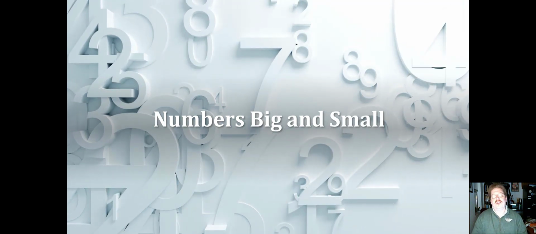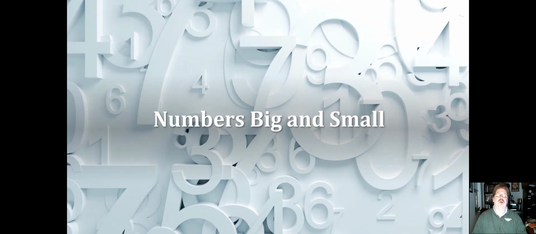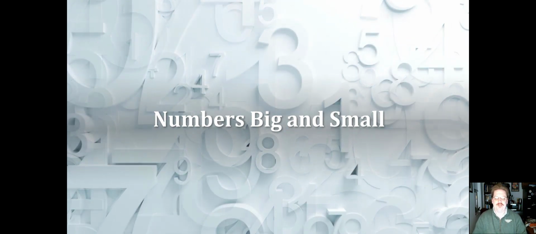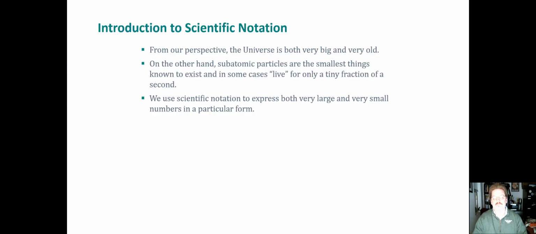So, let's get into numbers, both big and small. I'm going to try to make this as interesting as possible, although I will admit it is going to be a little dry. But let's talk about scientific notation. Scientific notation is simply a way of expressing numbers.